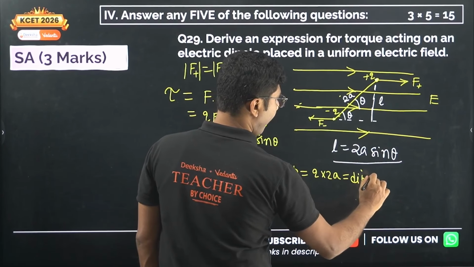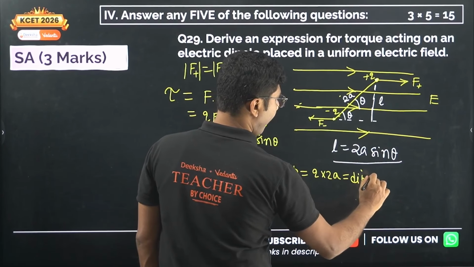Or vectorially you can write torque equals P cross E, because there is a sine theta, it means it's a cross product. If you resolve the cross product, you get sine theta. So this is the final derivation, and a very easy derivation. 3 marks is guaranteed if you can do this derivation.